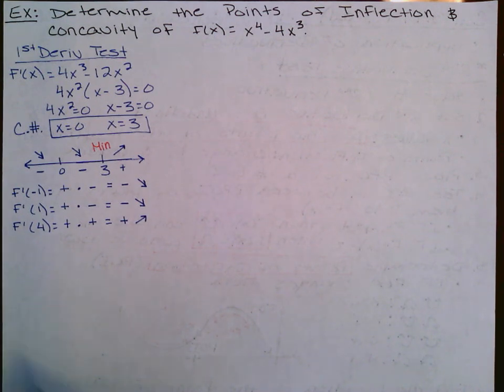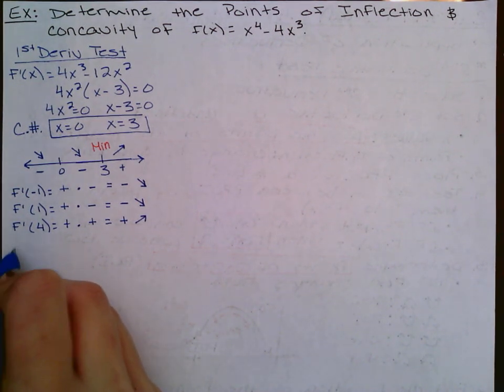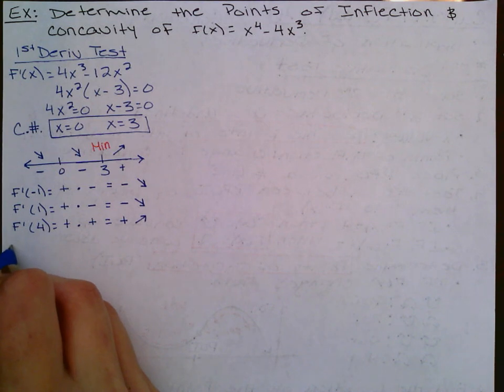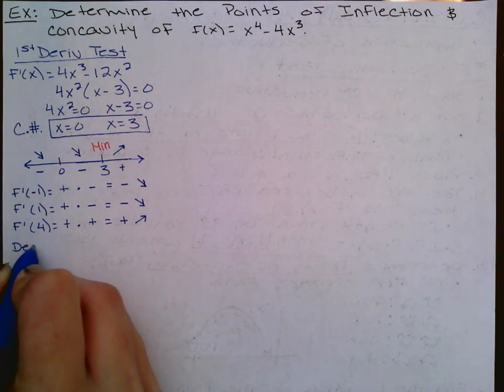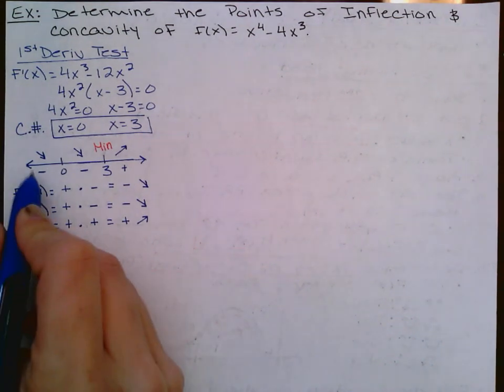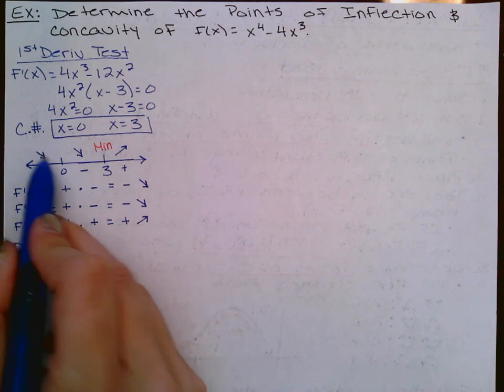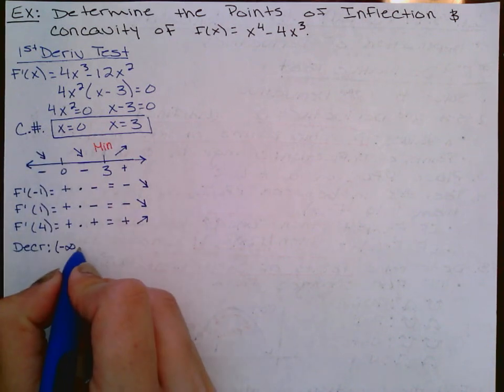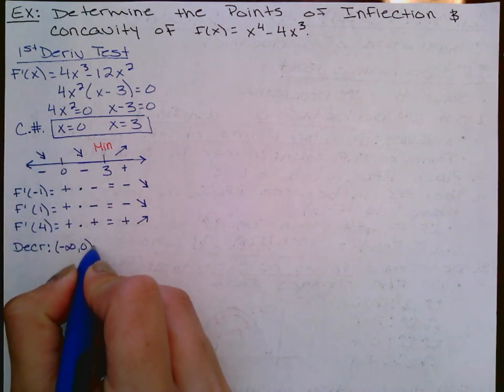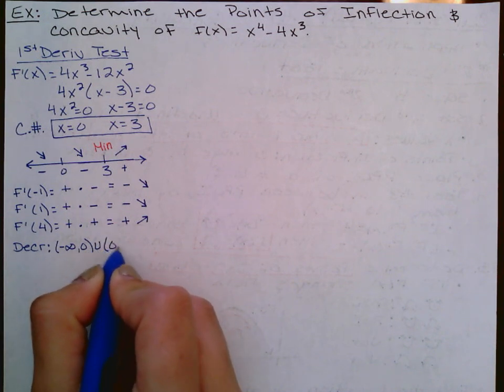So if I'm going to write myself a little bit of information here, let's do increase and decrease first. I could say I was decreasing from -infinity. Even though we still decreased here, I do want you to take the pause at 0 like they made you, okay? And then from 0 to 3.